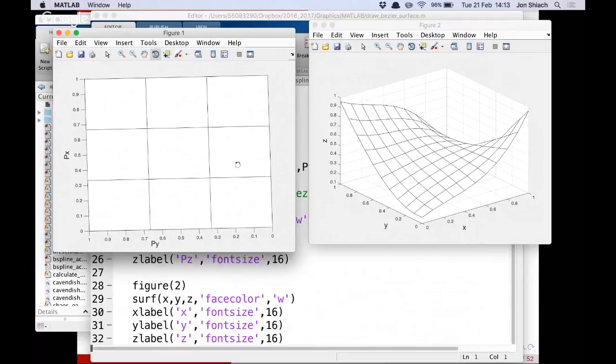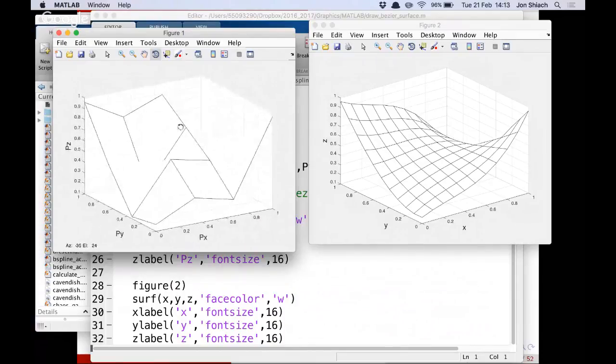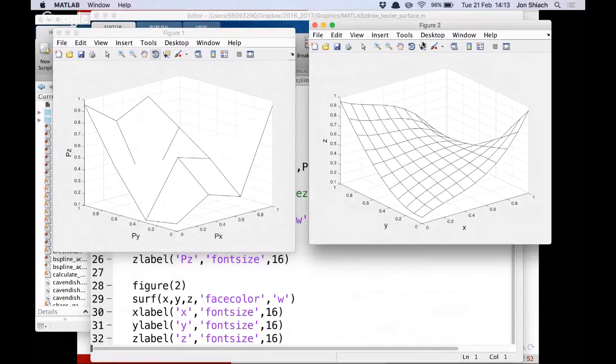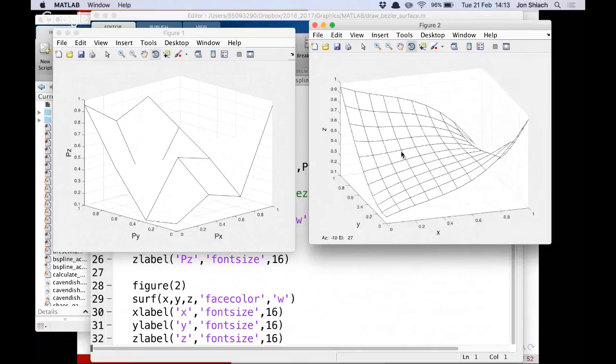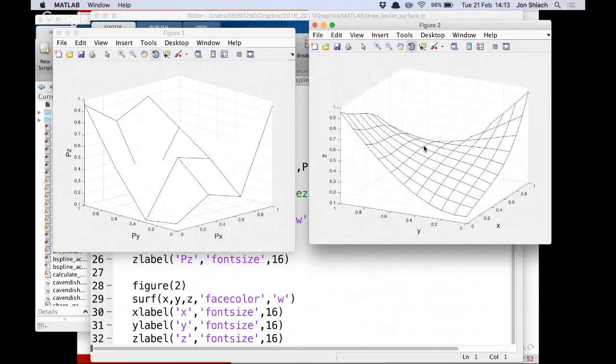So the x and y coordinates of those control points I've fixed, and all I've done is I just asked for it to give me a random height. Okay. So if I view that from like that angle, then this is the patch which results. And that's the patch.